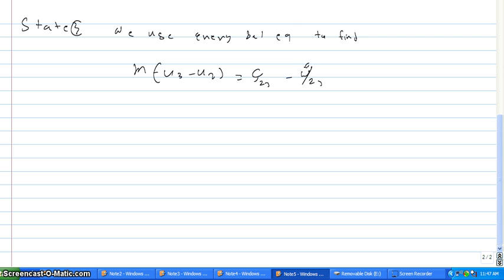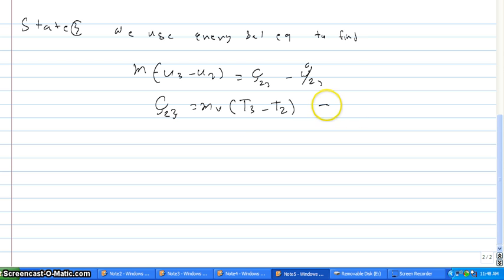We know the work is 0 because it's a closed system. So rewrite this: Q23 equals m Cv times (T3 minus T2).